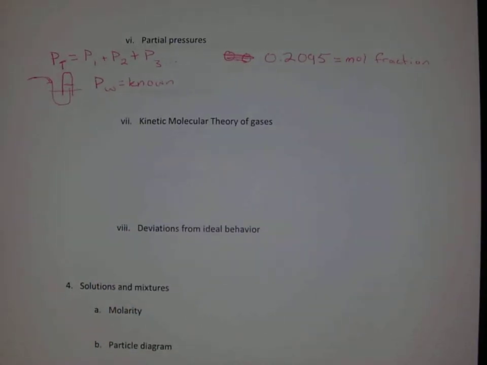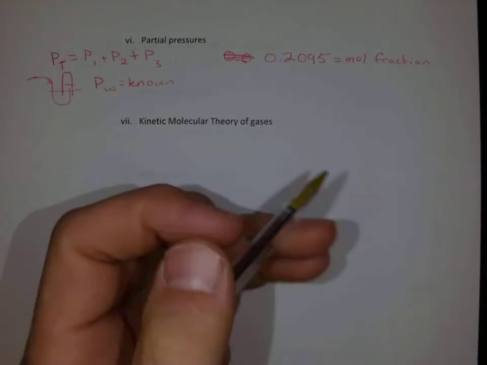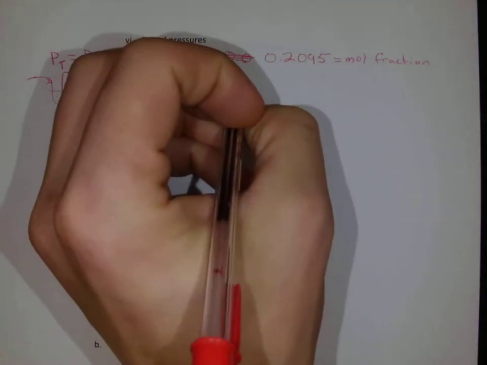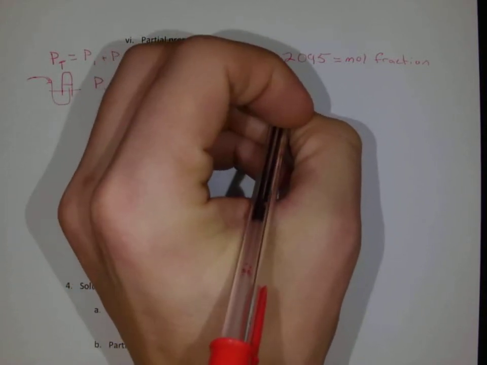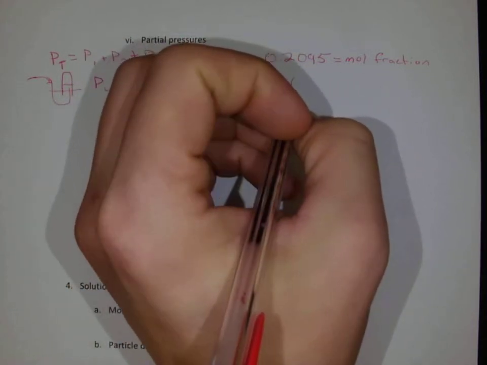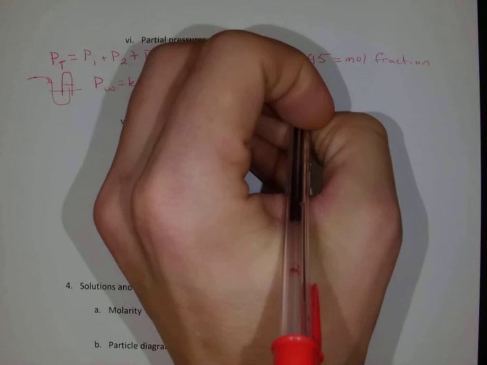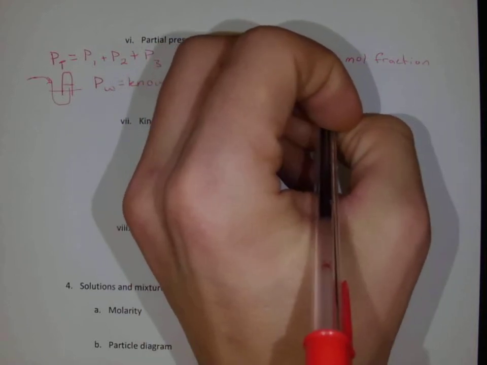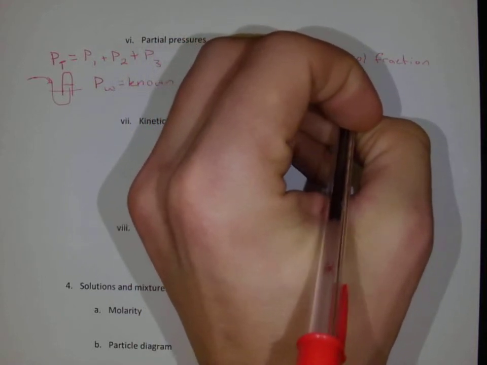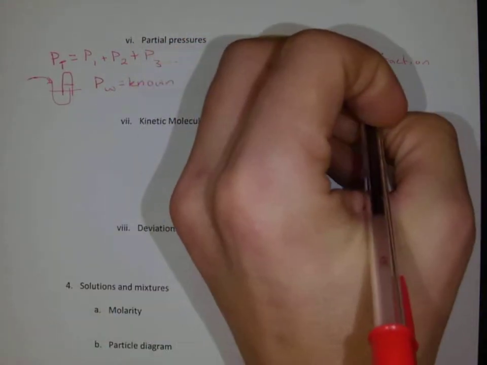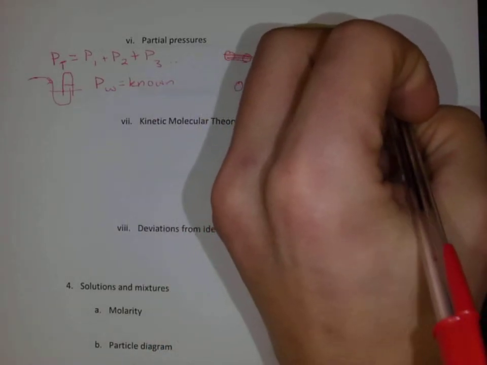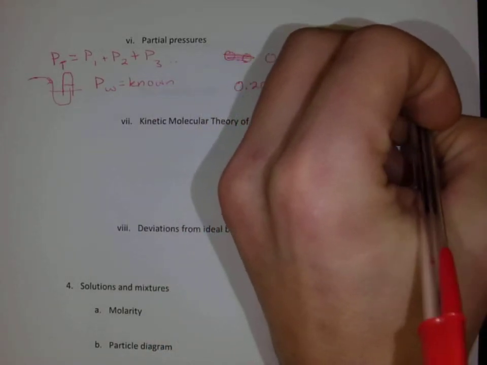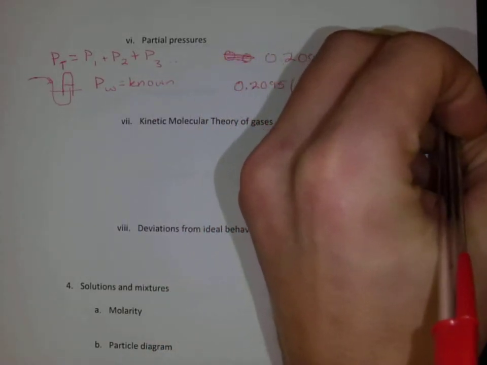What pressure is coming from that oxygen? All I would have to do is say, okay, well, it's 0.2095 times my pressure. So say my pressure is 735 millimeters of mercury, and that's going to be equal to 154 millimeters of mercury.